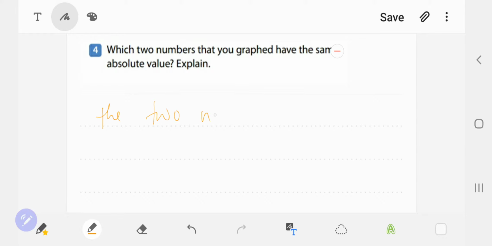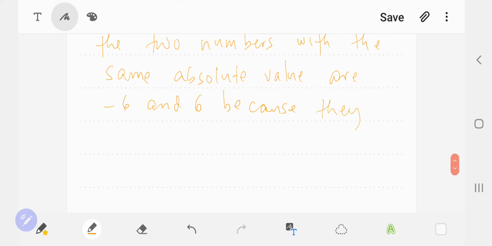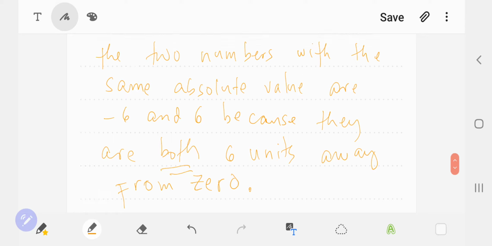The two numbers with the same absolute value are -6 and +6, because they are both the same, they are both 6 units away from 0.